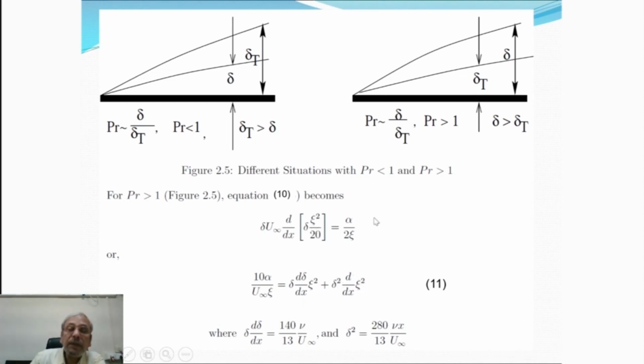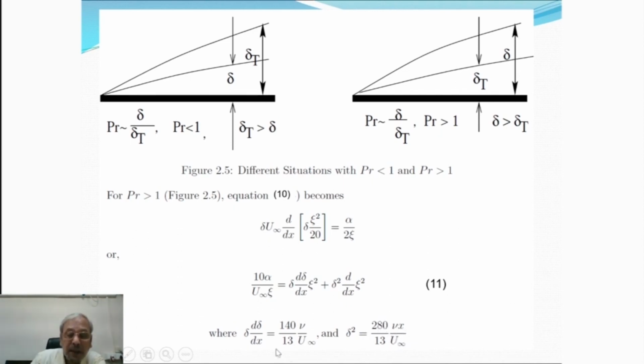This equation 11 we get from here, where we can now, if we recall, substitute δ and δ_t from the velocity boundary layer solution, where if we recall, we got δ dδ/dx equal to 140/13 ν/u∞, and δ² equal to 280/13 ν x/u∞.